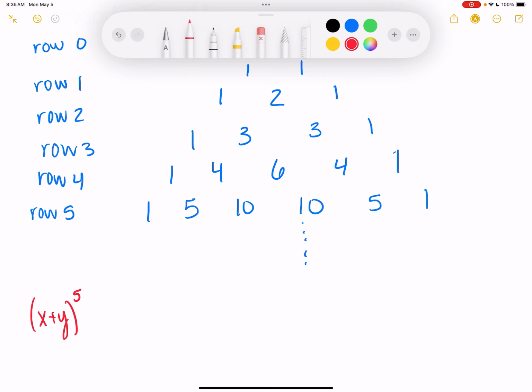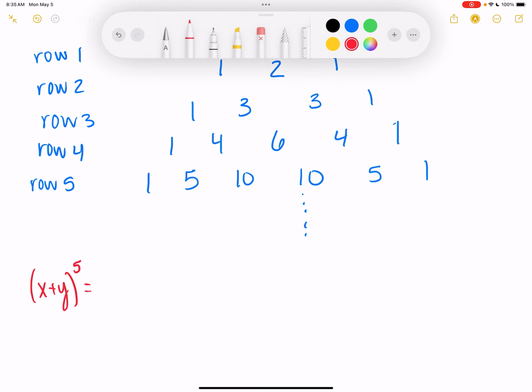The first term is always raised to a power, whatever this power is, in descending order. So the first one will be x to the 5th, the next one will be x to the 4th, x cubed, so on and so forth. The last term is always in ascending order, so it would start out where it doesn't even have one. It would be like y to the 0 power, then y to the 1st, y to the 2nd, and so on and so forth all the way out. The numbers that go in front of these terms are from row 5 then.